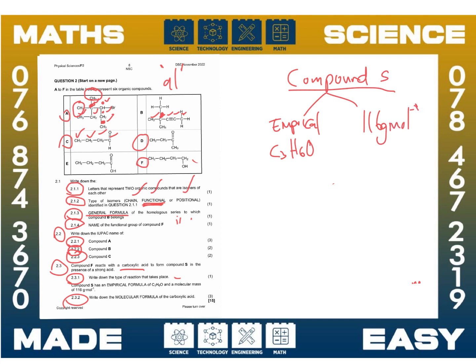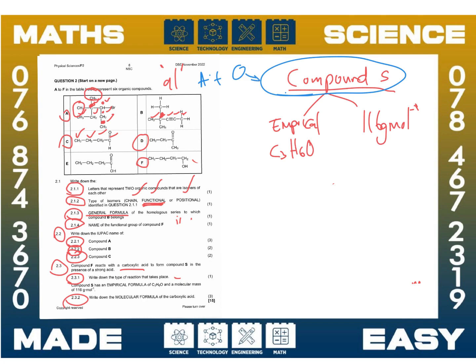Okay, so the question said write down the molecular formula of the carboxylic acid. We know that this compound S is formed using the acid plus alcohol.